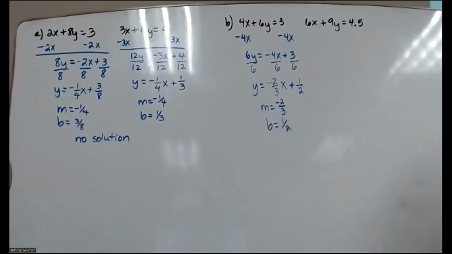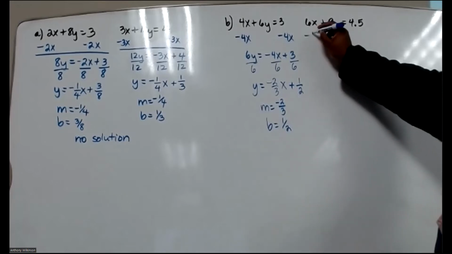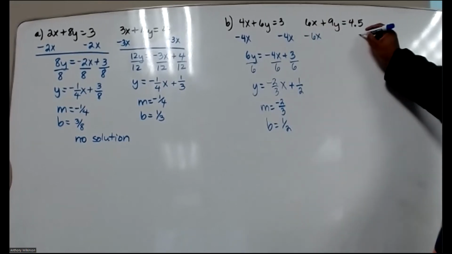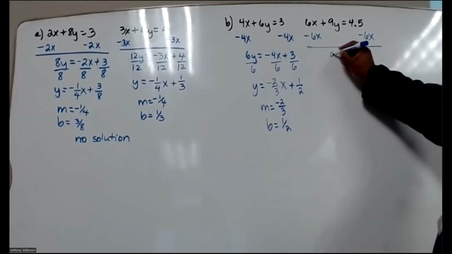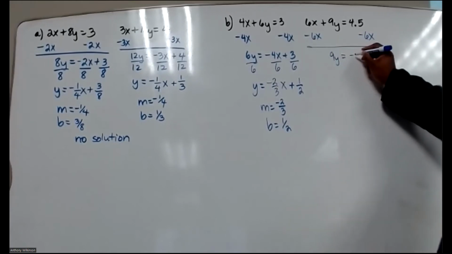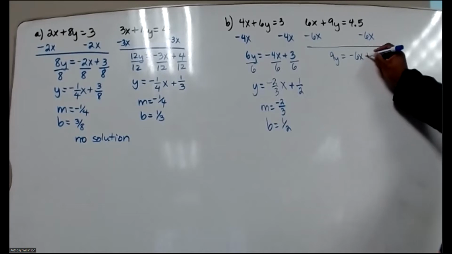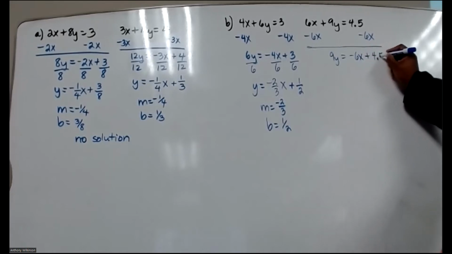And now let's do 6x plus 9y equals 4.5. Here we're going to solve for y by subtracting 6x on both sides. So that means 9y is equal to -6x plus 4.5.